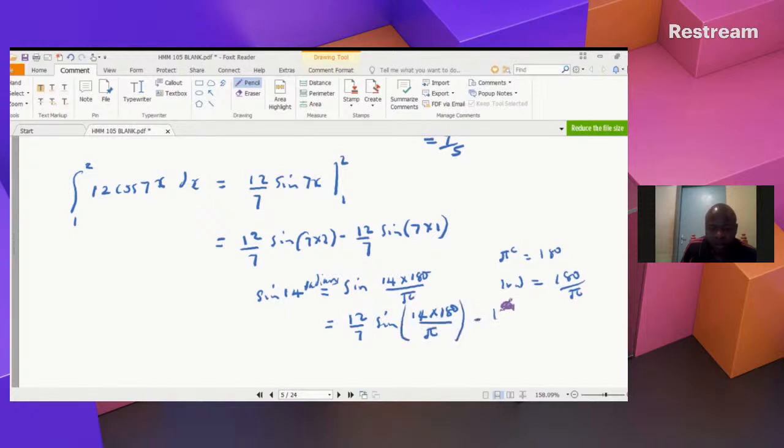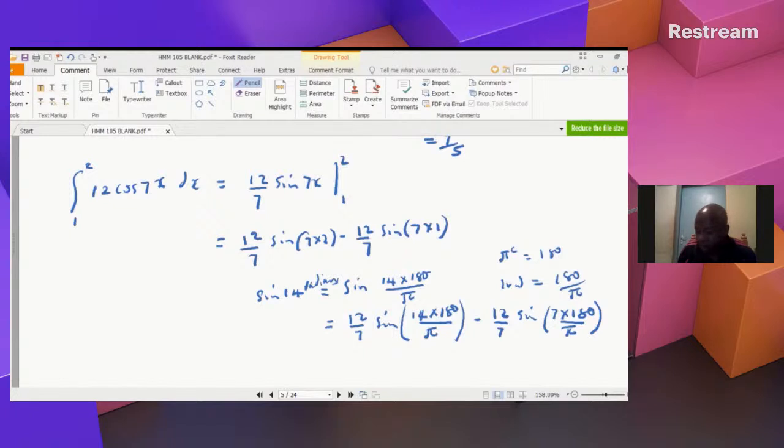And this one also is 12 out of 7, instead of this 7, I've written 7 radians, so it means 7 times 180 divided by pi. So let's just use our calculators and see what we get.